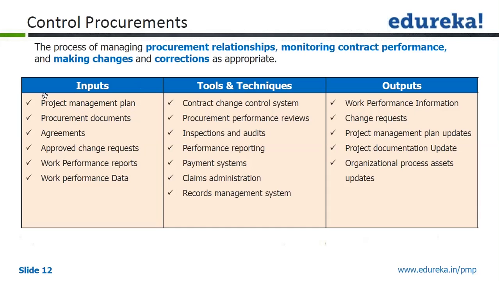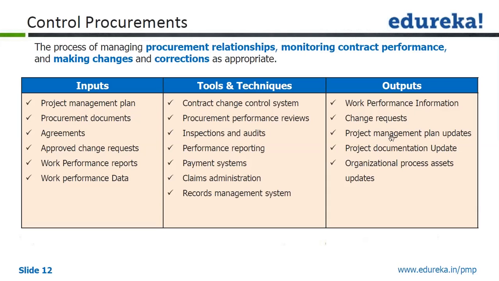So he will give us the input in terms of the project management plan, procurement documents, and the agreements, which are more important in terms of the timeliness of the deliverables, what the milestones are, and whether they are getting met or not. Then approved change requests will be part of that, and we'll use various tools and techniques to come out with work performance information, which will tell us whether a change request is required or not.